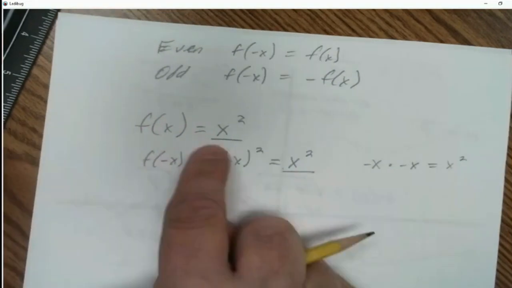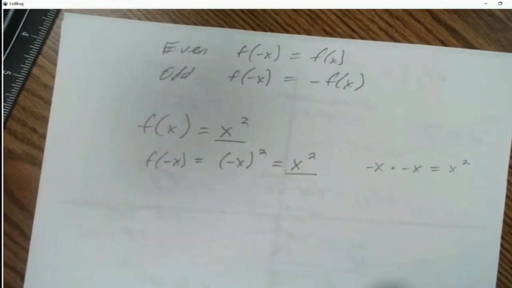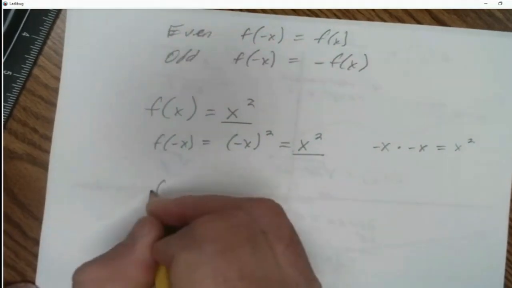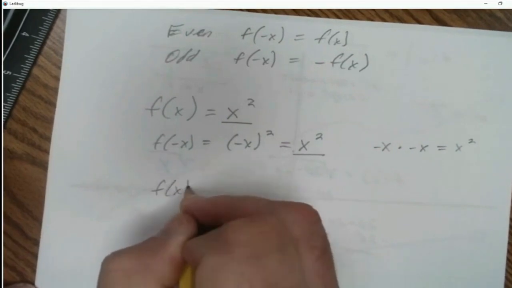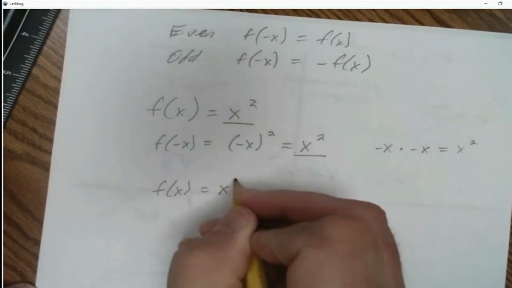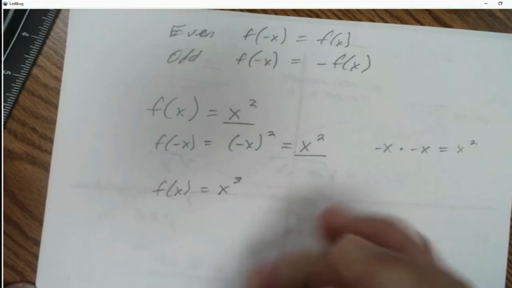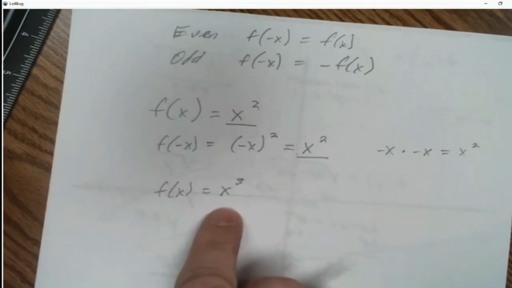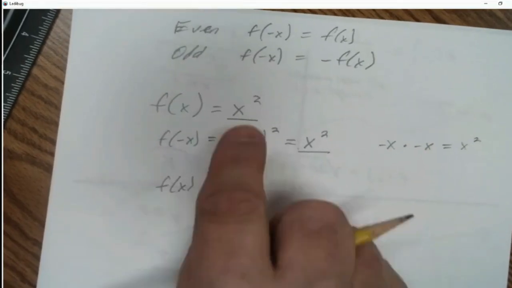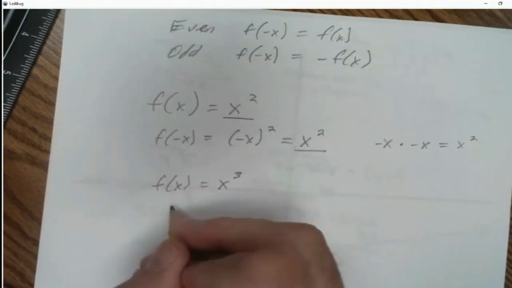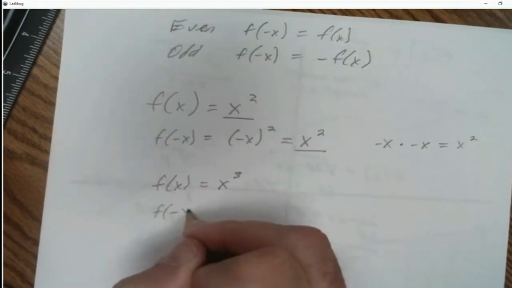And that can be much more complicated equations, but still, if you end up with the exact same thing. For odd, when we did f of x equals x to the third, that was symmetric around the origin. And we said, oh, that's an odd function then. Well, let's prove it algebraically. Let's put negative x in for x.